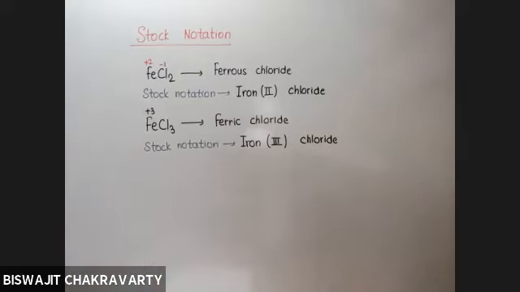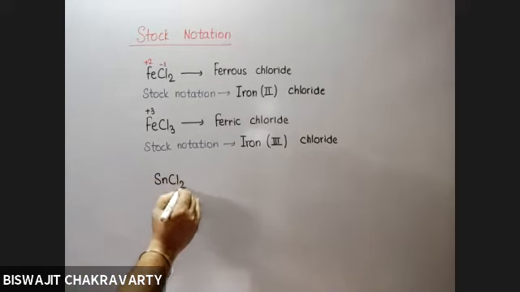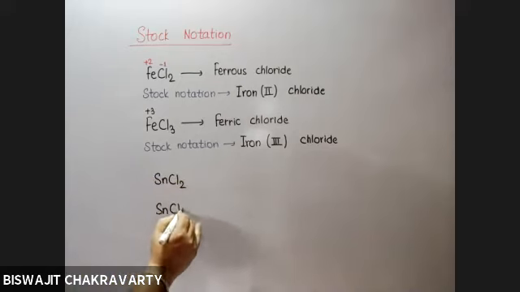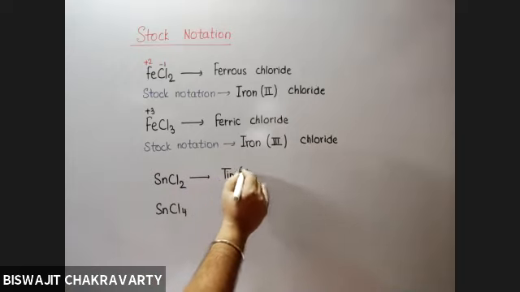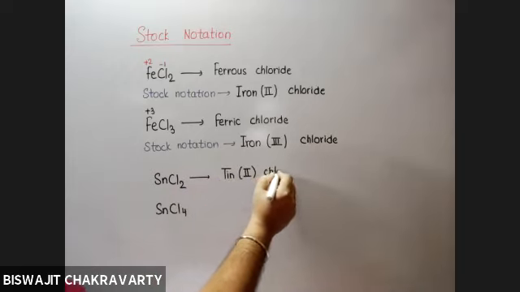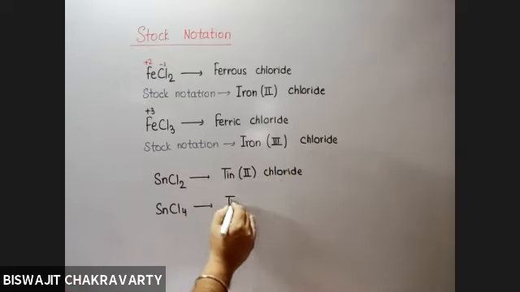So tell me, what will be the stock notation for SnCl2 and SnCl4? So tin 2 chloride. Very good. And tin 4 chloride. Understood?